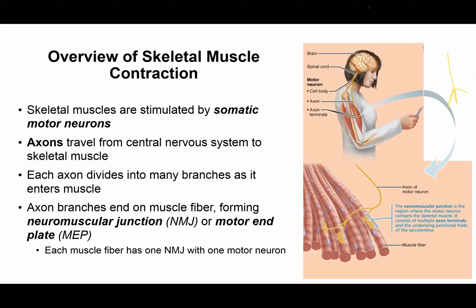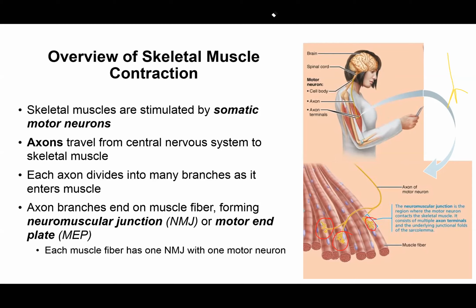These branches are going to end up contacting muscle fibers. And it is the contact between these two regions here. So between the nerve and between the muscle fiber, that's going to make up what's called a neuromuscular junction, or also sometimes called a motor end plate.